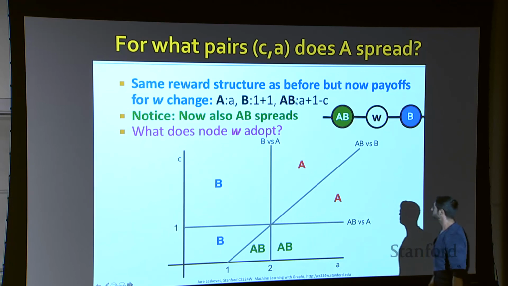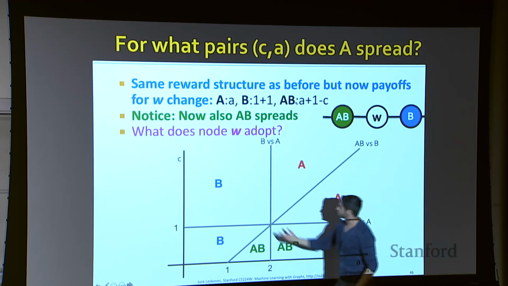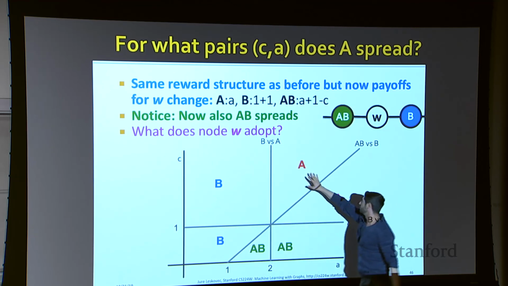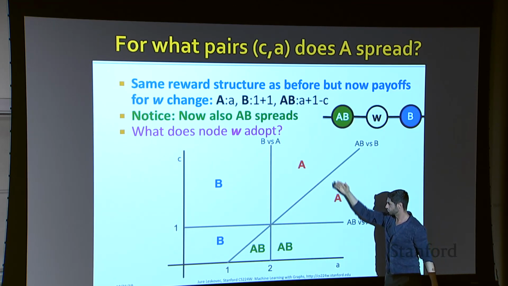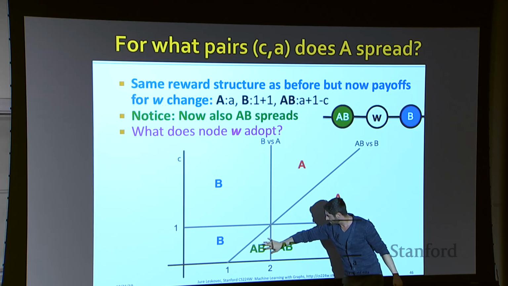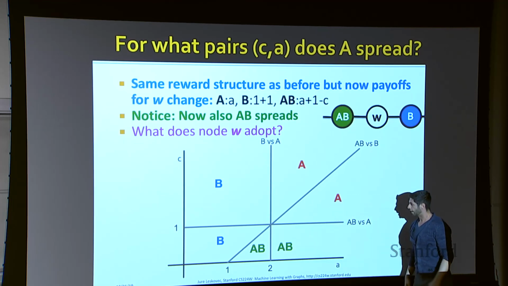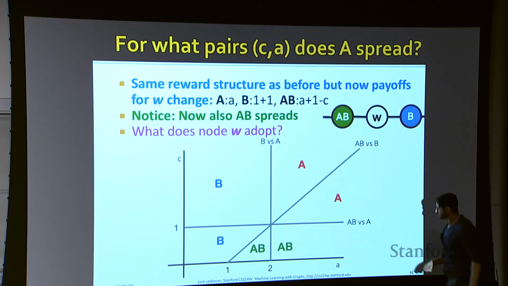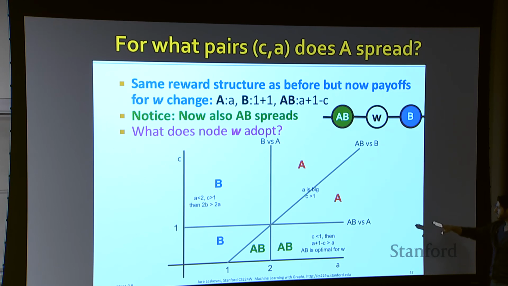So the same story as before applies. You see these two areas where it's worth it to stay with B, you have this large area here where it's worth it to swap to A, and then you have this buffer zone that we map to what we've seen before, where it's still worth it to stay with AB, okay, with that hybrid strategy. Okay, same numbers as before.